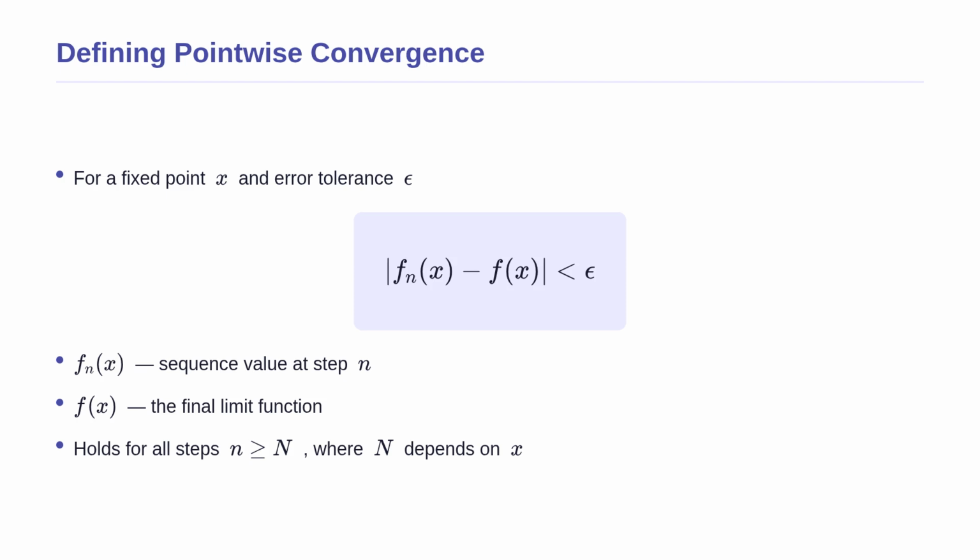Here is the catch. This must hold true for all steps n beyond a certain threshold step capital N. In pointwise convergence, this threshold step capital N depends heavily on the exact location of x you chose as well as the error tolerance epsilon. If you move to a different x, you might need a completely different, much larger threshold step to achieve the same accuracy.